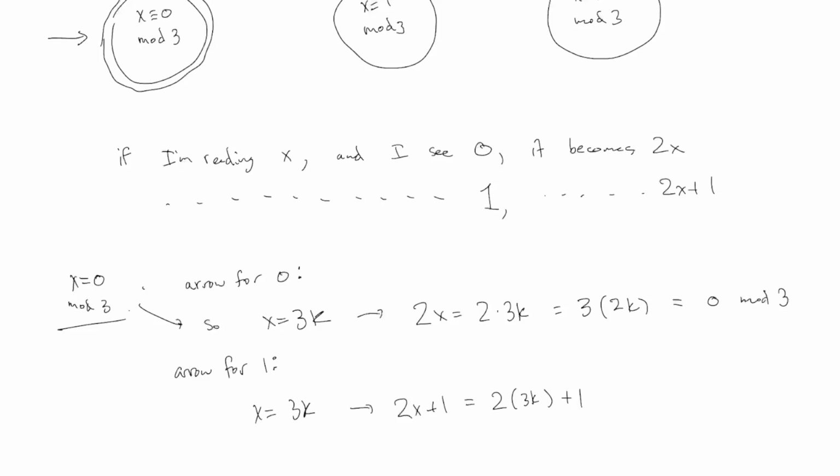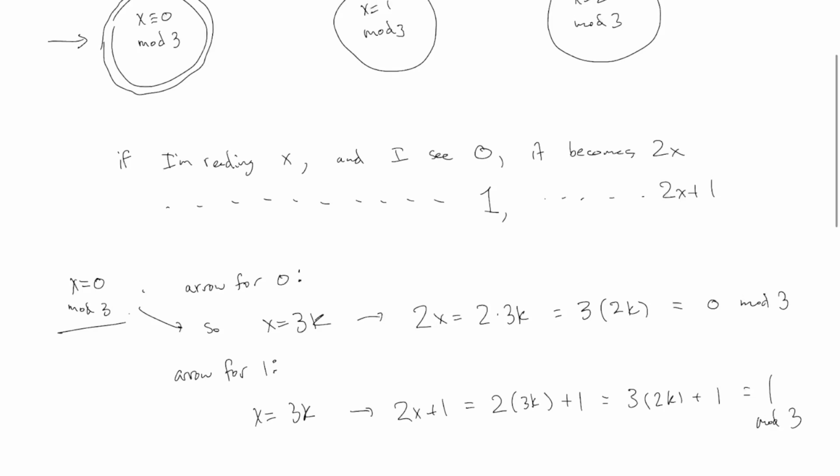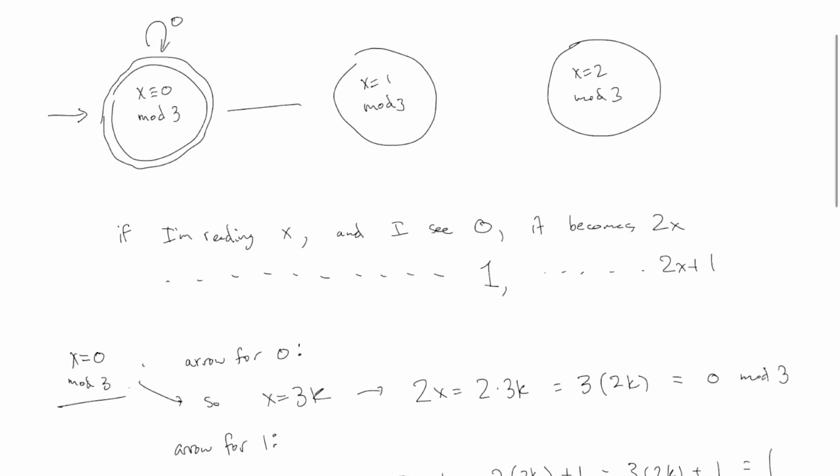What is that in terms of a multiple of 3? You want to know, is it equal to a multiple of 3 or a multiple of 3 plus 1 or a multiple of 3 plus 2? Well, I can rearrange this ever so slightly to say that. And now you say that is 1 more than a multiple of 3, right? It's 3 times something plus an extra 1. So this is 1 mod 3. And that means on my diagram, the 1 goes like that. All right.